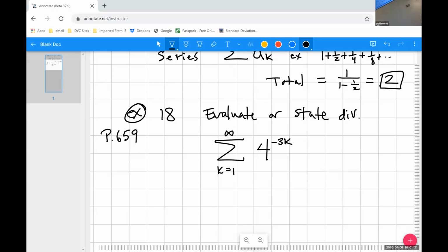Okay, so in a lot of the problems in chapter 8, we are not tasked to either evaluate or state that it diverges. We are instead tasked to simply determine whether it converges or diverges without even figuring out what particular number it converges to.